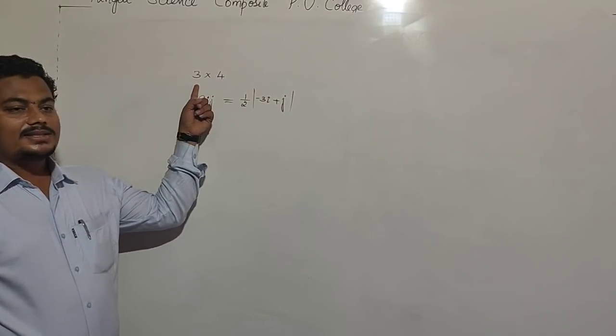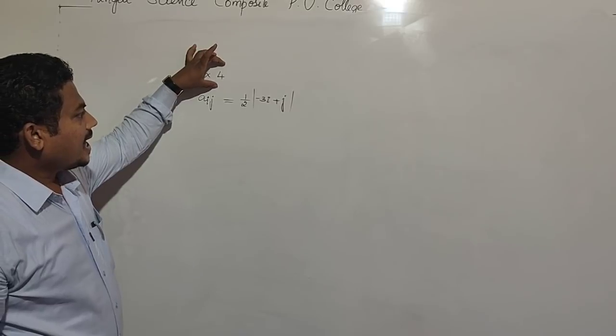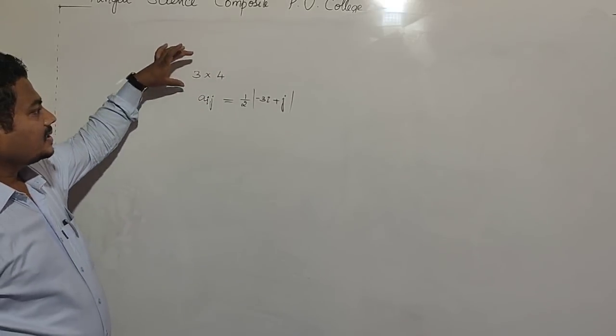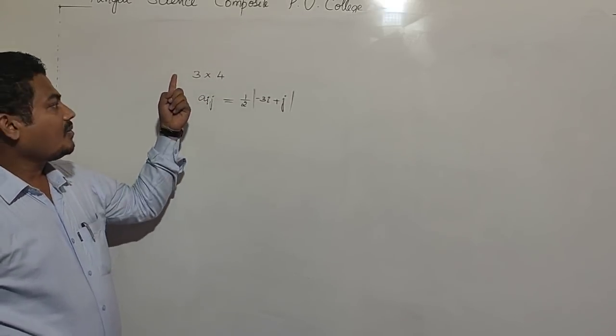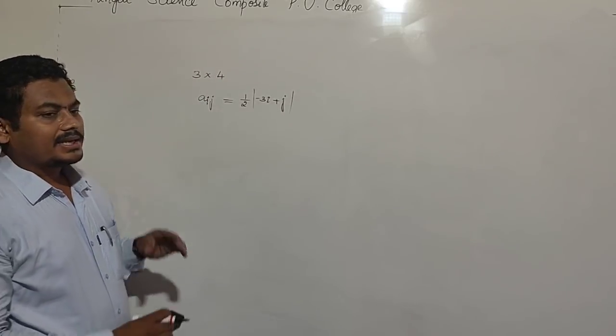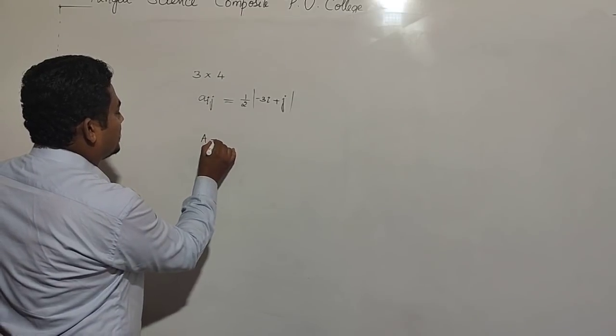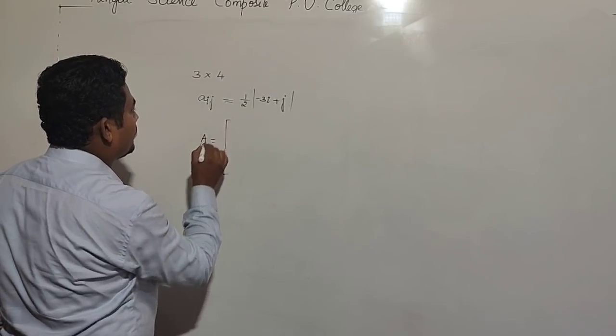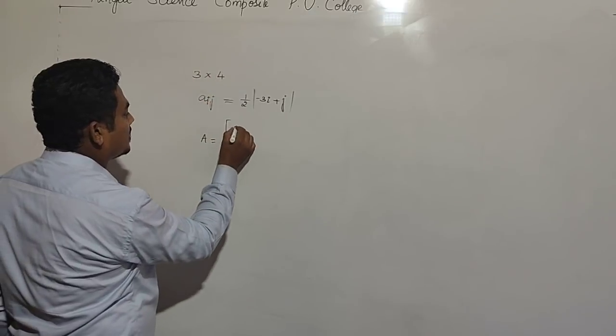Our required matrix consists of 3 rows and 4 columns. First write the general matrix of order 3 cross 4. Matrix A 3 4 means 3 rows, 4 columns.